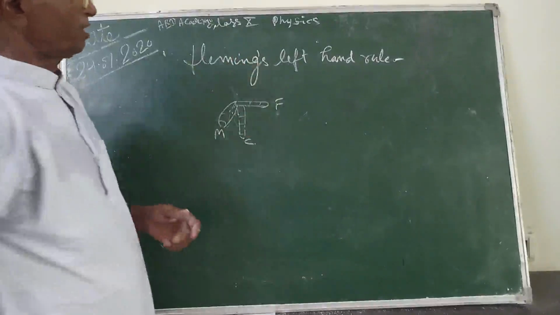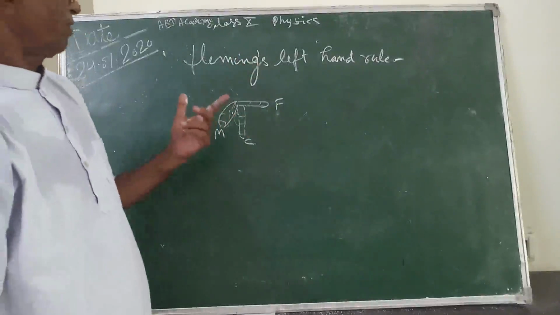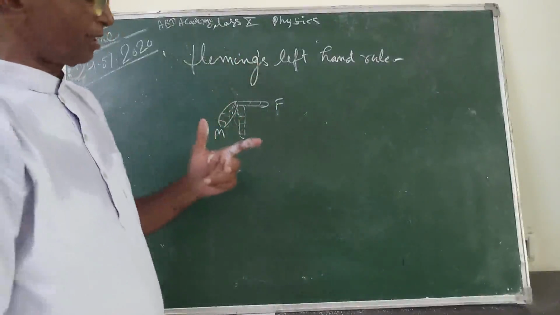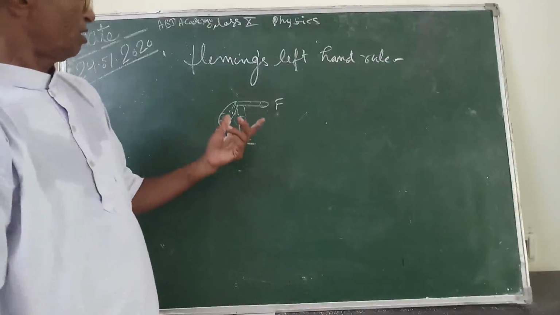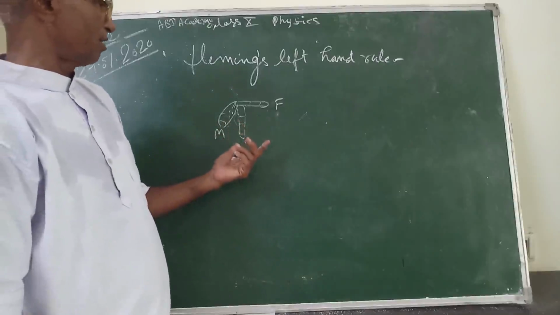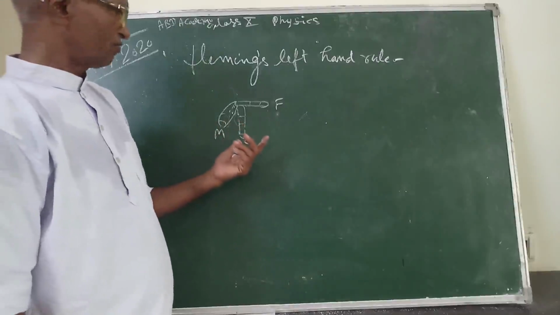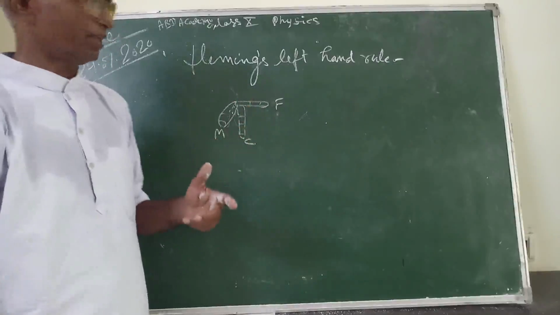Fleming's left hand rule. Fleming's left hand rule gives the direction of motion when a current carrying conductor is free to move in a magnetic field.